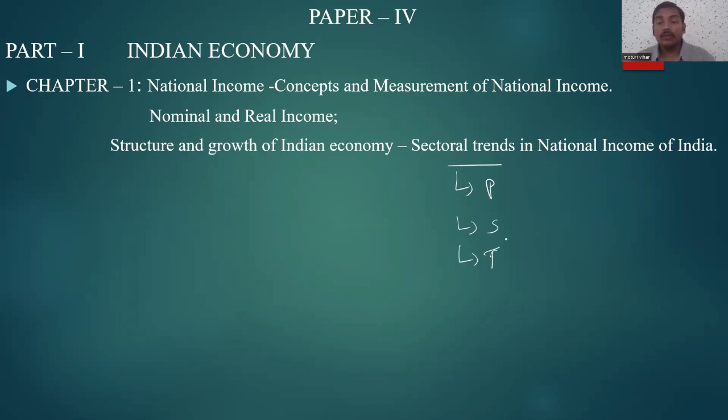For example, one of the great programs launched by the government of India during COVID-19 was to safeguard the secondary sector. Because service sector, major sector is working from home. No issue. But primary sector, there is no issue of COVID-19 because they clearly sow the seeds.